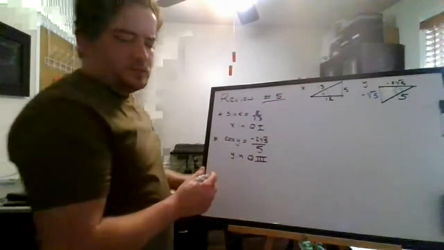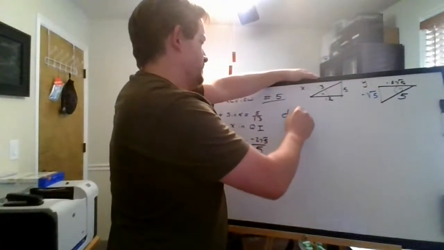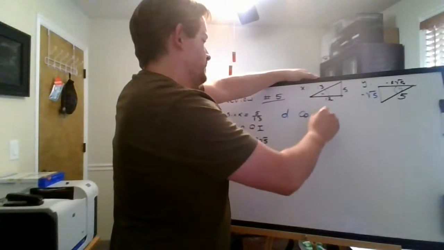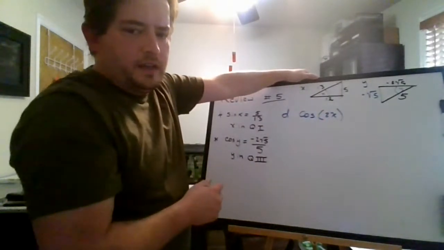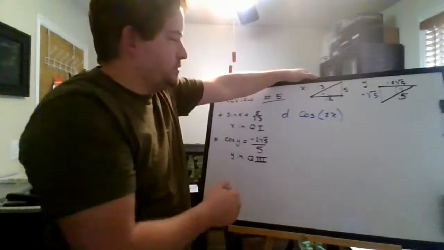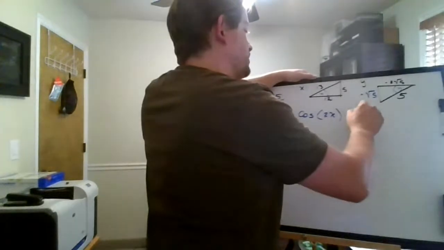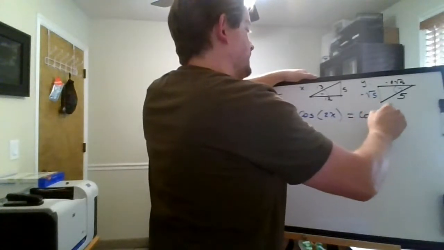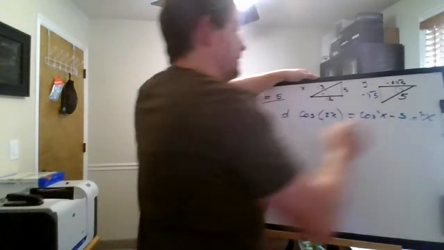D says cosine of 2x. That's an identity as well. It's the double angle identity. The cosine of 2x is equal to, there's 3 of them, right? But we can use cosine squared of x minus sine squared of x. Right?